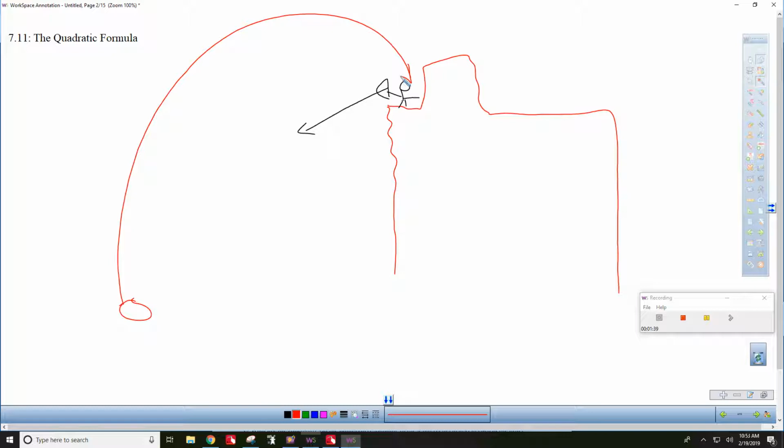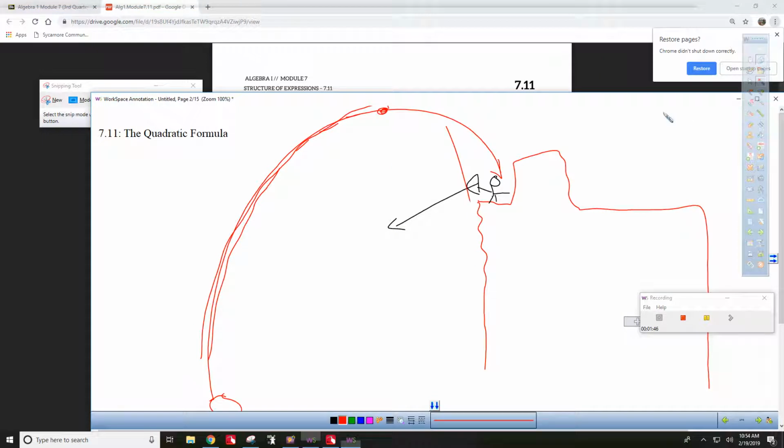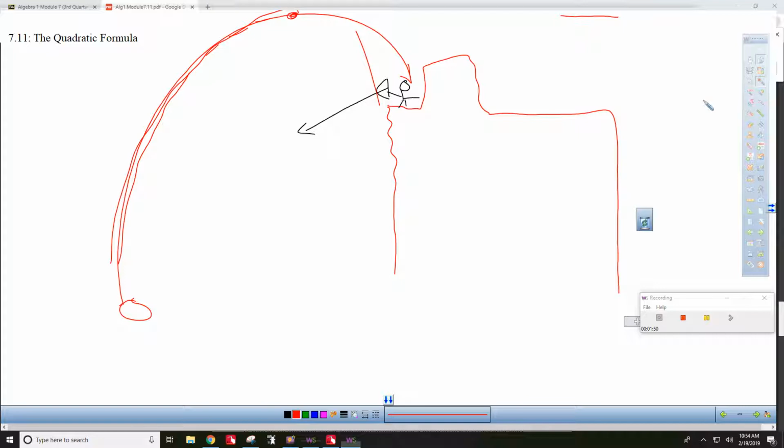Once we started realizing that's a parabola, people started caring about math a little bit more because it could help them. And then people started wondering how do we figure these out?